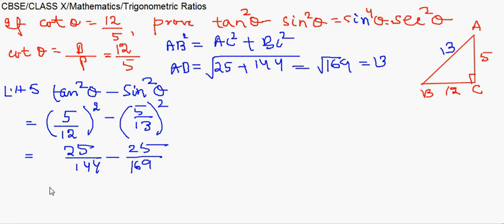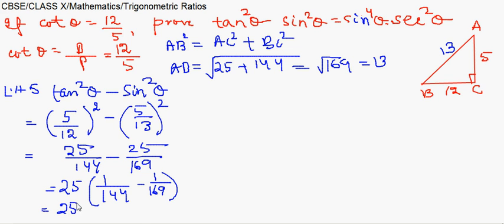If you solve this, I can take 25 common, I'll be left with 1/144 minus 1/169. If I do this calculation, the LCM will be 144 into 169, and in the numerator it is 169 minus 144.